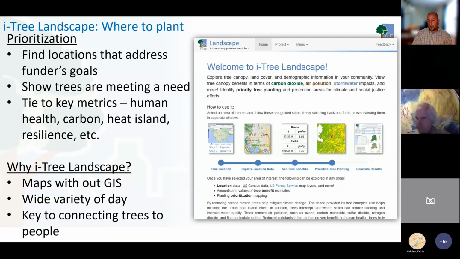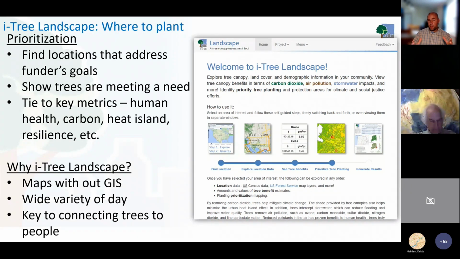So how does that work when we tie it back into funding? Well, lots of funding opportunities are going to want you to address underserved populations, or they're going to have goals that you can identify with iTree Landscape. And that's one of the things with these Tree Vitalize grants. You can show that you're going to plan based on real data to put trees where they're needed most. You're showing that those trees meet a need.